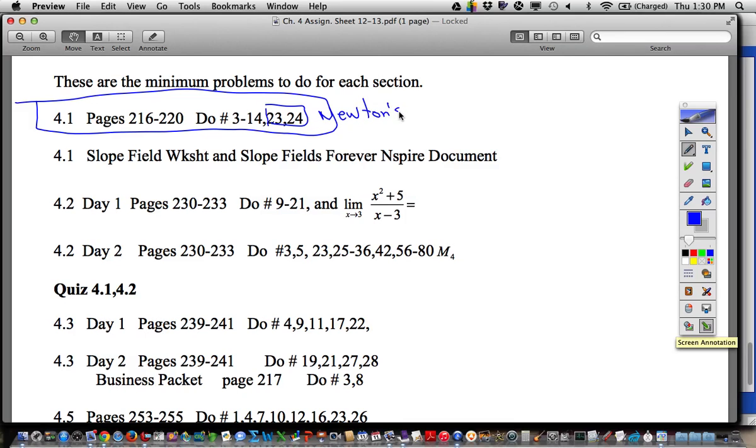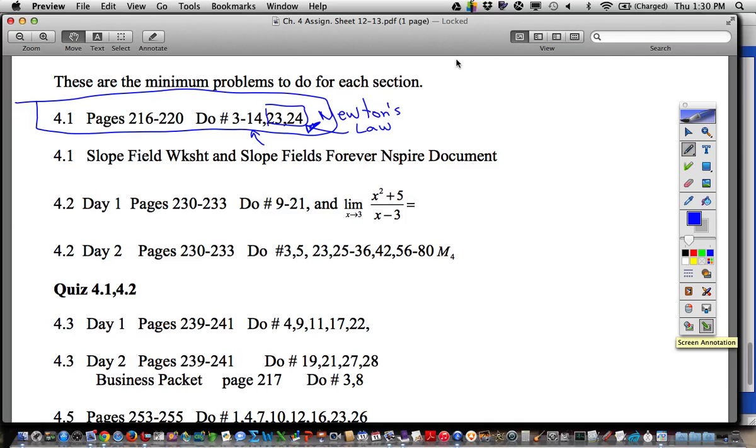That is the Newton's law of cooling problems where we have to solve those differential equations, plug the numbers in and find that stuff. So 23 and 24 have multiple parts. You'll have to work that out. 7 through 14 is just the matching, right? And so that's not going to take a whole bunch of time.